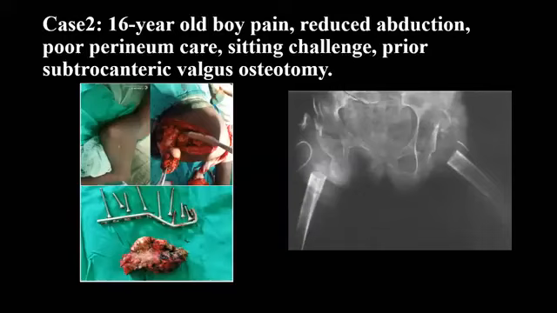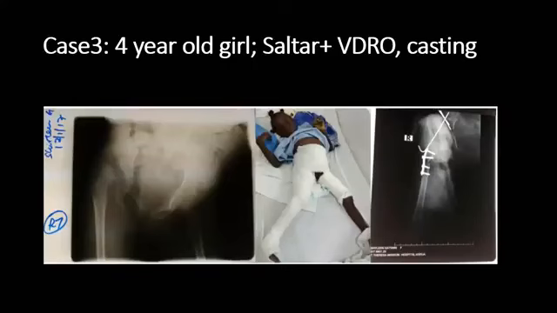So when he came, I removed those plates and removed the proximal part of the femur, and ended up with the X-rays you are seeing on your left side. The implants I removed are there, and also the portion of the bone I removed is there. I interposed soft tissues to prevent the femur from rubbing onto the ilium.